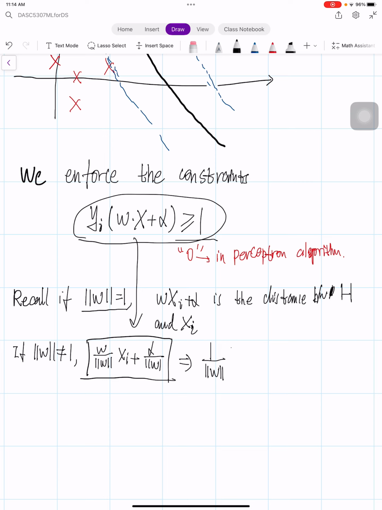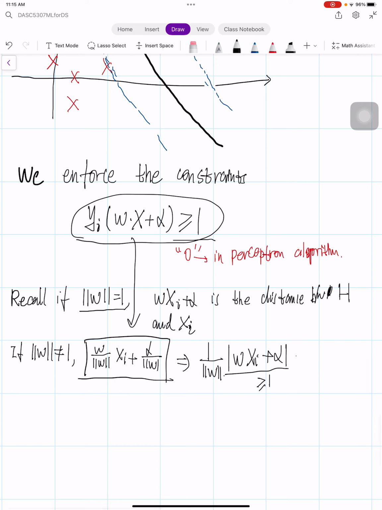So omega xi plus alpha, if this is greater than 1, and yi is positive or negative 1, then if I take the absolute value, this quantity will be greater than 1, and this whole thing will be greater than or equal to 1 over the length of omega.